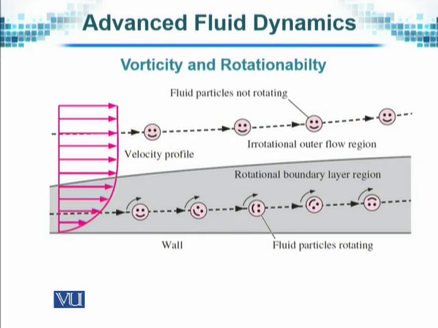You can see here, let us imagine that a flow is moving from left to right, and there is a solid body over which the fluid is moving in this picture. Close to the solid boundary, because of the viscosity, the fluid tends to stick to the wall.